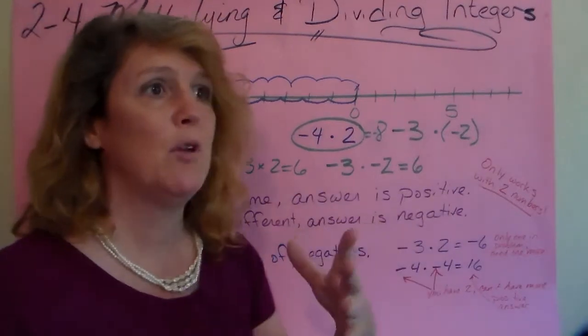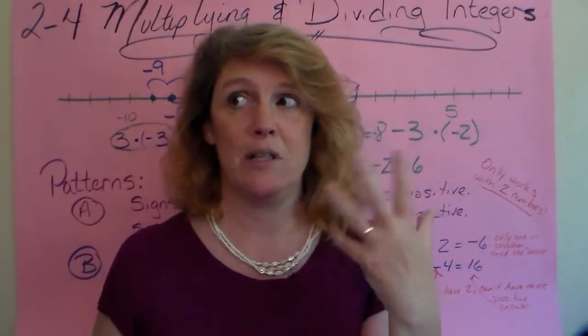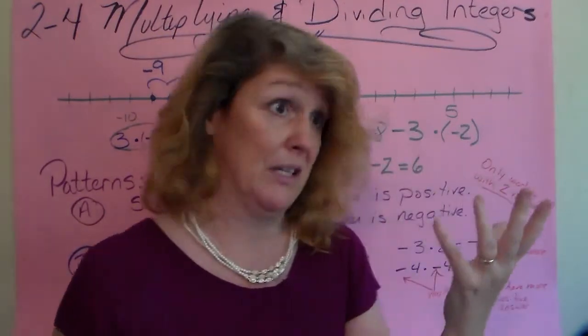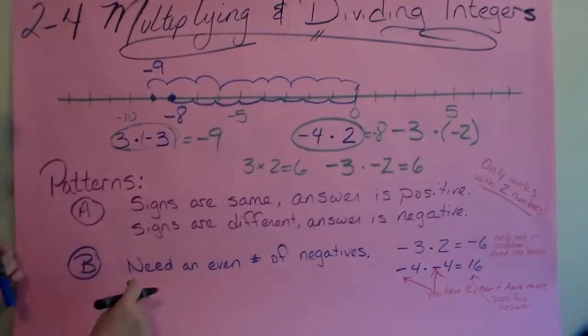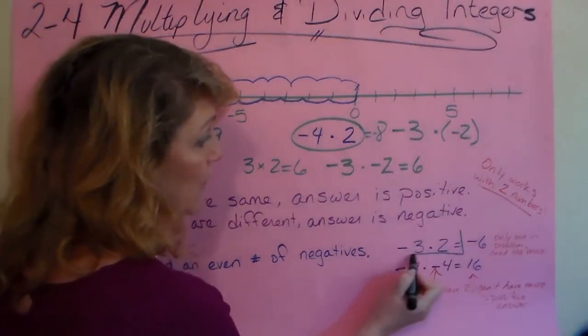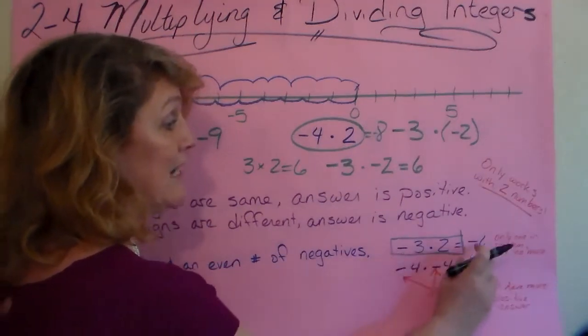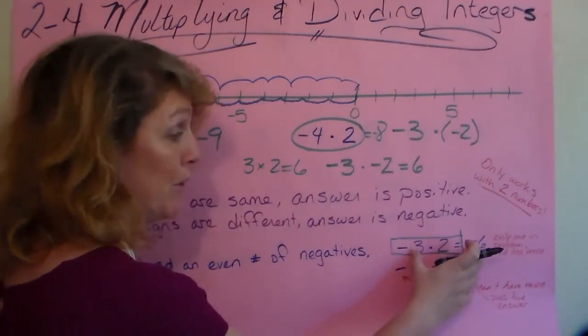But if you've got a problem with a bunch of numbers in it, the other thing I need you to remember, and it's really the only thing I remember because you only need one rule, you need an even number of negatives. So for example, if your problem is negative 3 times 2, you only have one negative. That means the answer has to be negative, so there's an even number of them.